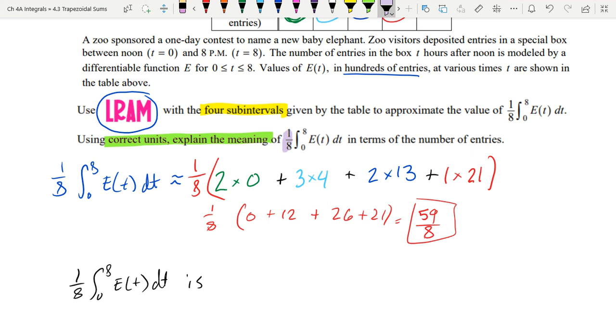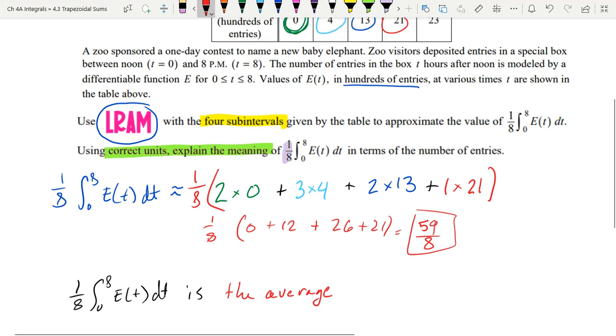When we do that, what does that mean we're doing in the problem? Good. This thing is the average. It's the average what? No, it's not that. It's the average of whatever we integrated.